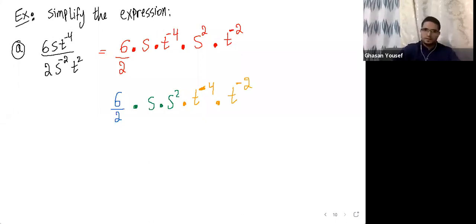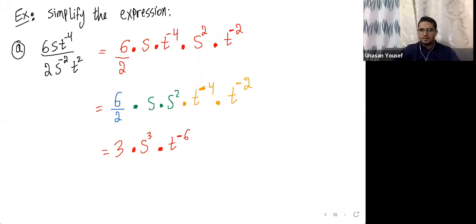Now it is easy, right? So 6 over 2 is 3 times s to the power, because we have the same base, here s to the power 1, here s to the power 2. So 2 plus 1 will give me 3, times t to the power minus 4 minus 2 is minus 6.